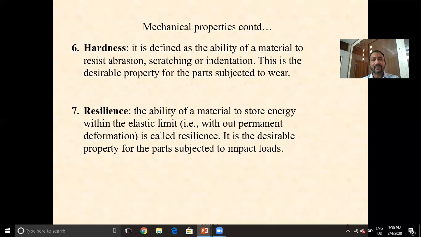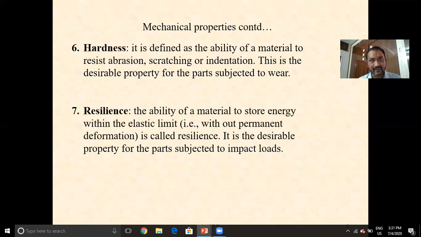That means if some tool is applied and the material has low hardness, the depth of penetration is more. If the material has high hardness, the depth of penetration will be less, and it can be measured by conducting a hardness test.